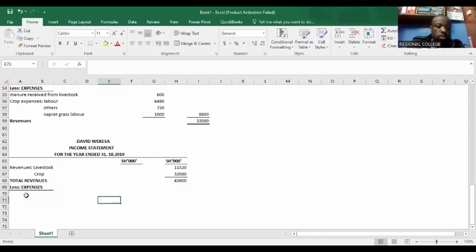Then start with additional information for adjustments. Additional information number 6, depreciation is to be provided on tractors and carts on the reducing balance method at the rate of 25% and 12%.